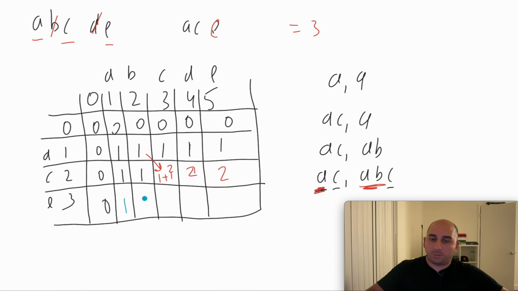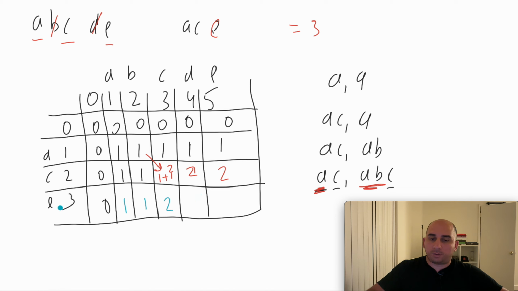We are adding 1. Then we are going to the next one. E is not equal to C. So we are taking either from the top or from the left. Then the maximum value is 2.